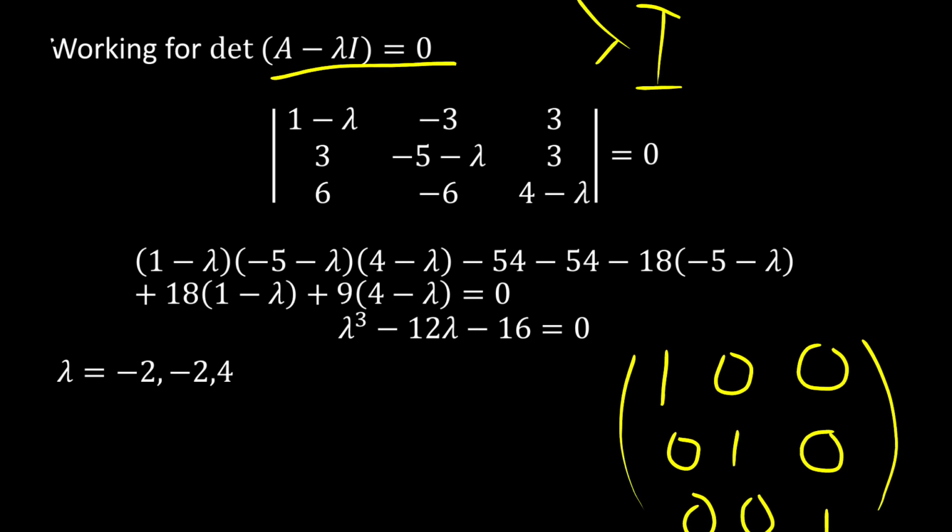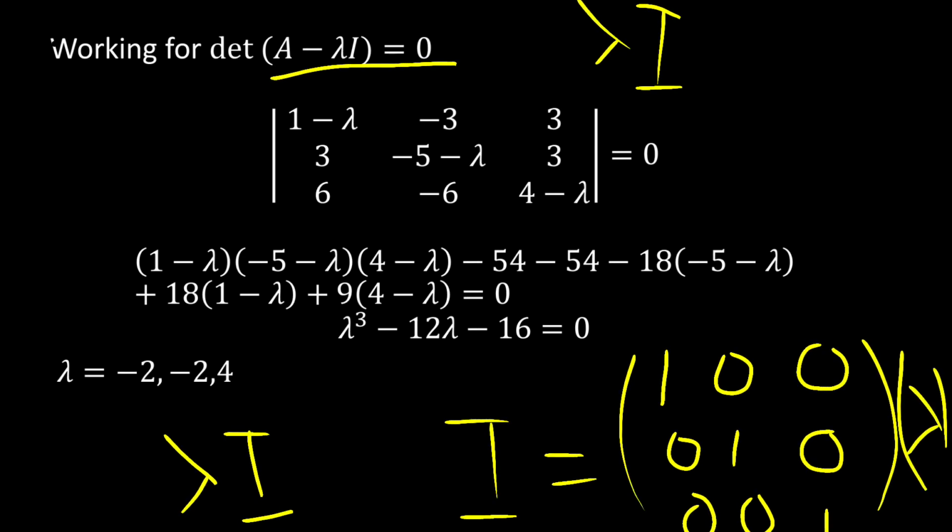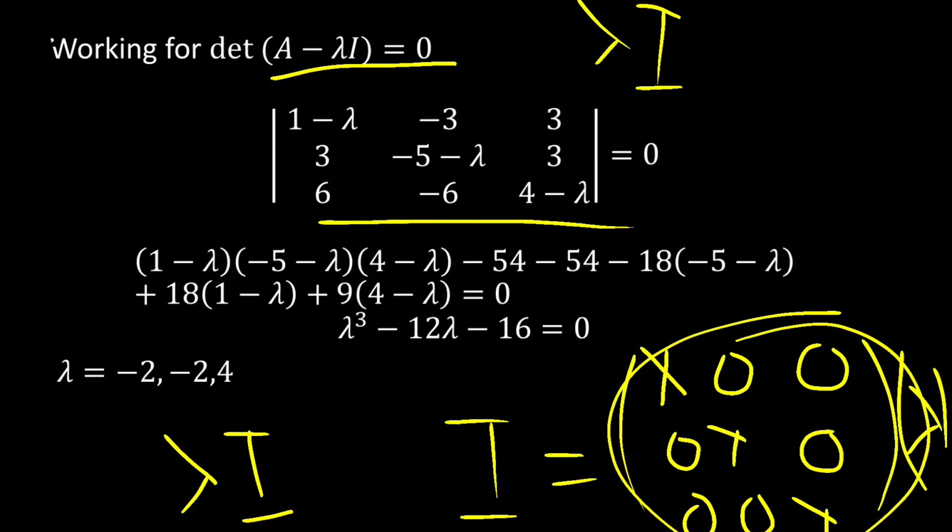This is our I. If you talk about lambda I, it's like we are multiplying this with lambda, in which case you'll find that this point here changes to lambda. And now we are subtracting this from A, and if you do that, you'll get this. Now the determinant of that is equal to 0.